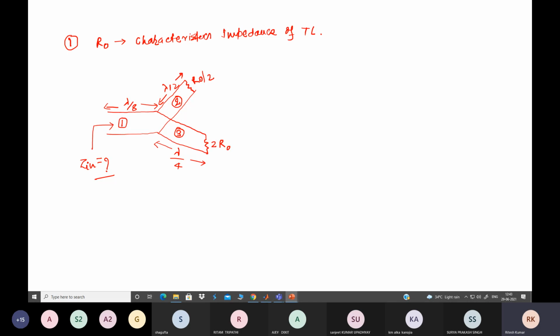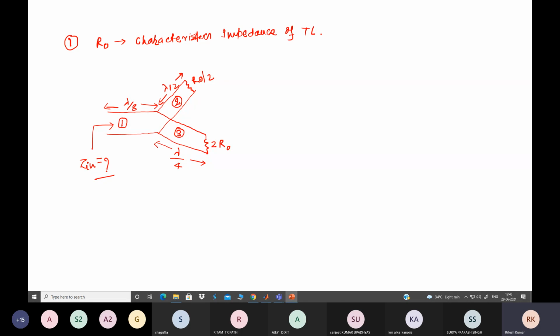Now to calculate the input impedance, the important parameters we require are the load impedance, characteristics impedance, and length of the transmission line. These 3 requirements should be present. So already R0, the characteristics impedance, is given. Load is given, different values of load.